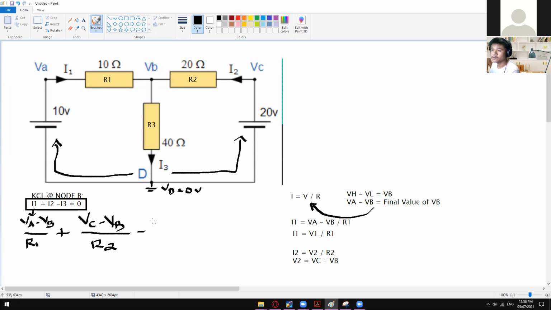So VB, that is the higher voltage, (VB minus VD) divided by R3 is equal to 0. Are we clear on how we got this equation? This is our first equation, and this is now our second equation. Okay, very good, Mr. Maba. What about the others?